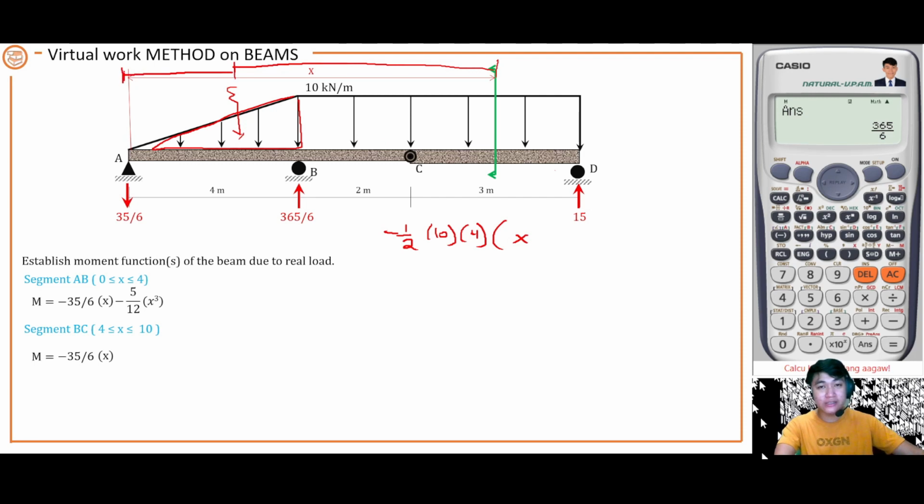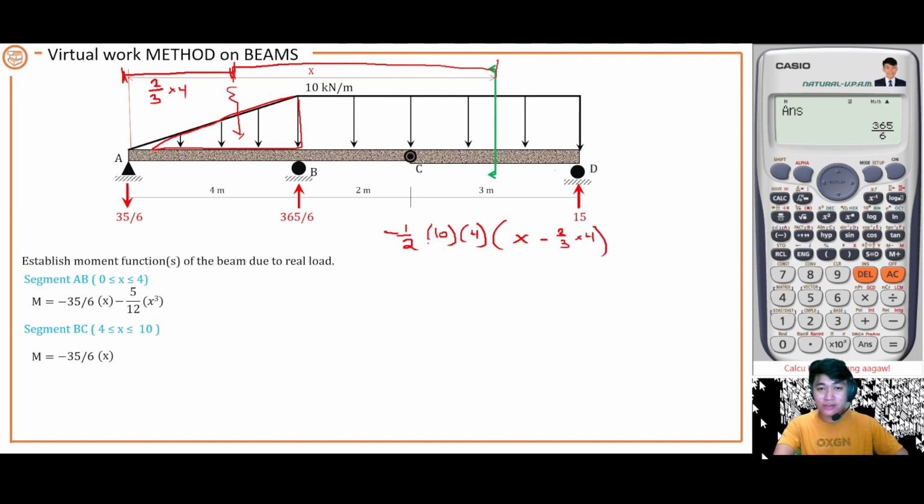And what is this distance? That is 2/3 of 4, because this is 4 meters. So x minus 2/3 of 4.